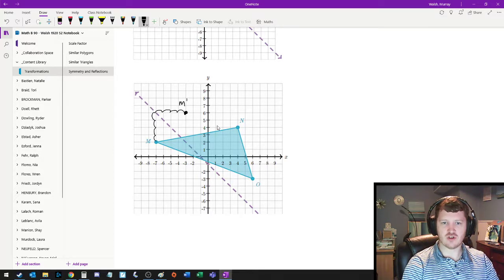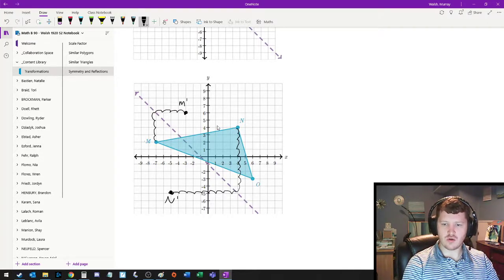We use this to show M prime that it's a different point, but it's related to M. N, let's see, 1, 2, 3, 4, 5, 6, 7, 8, 9. Here we have N prime.